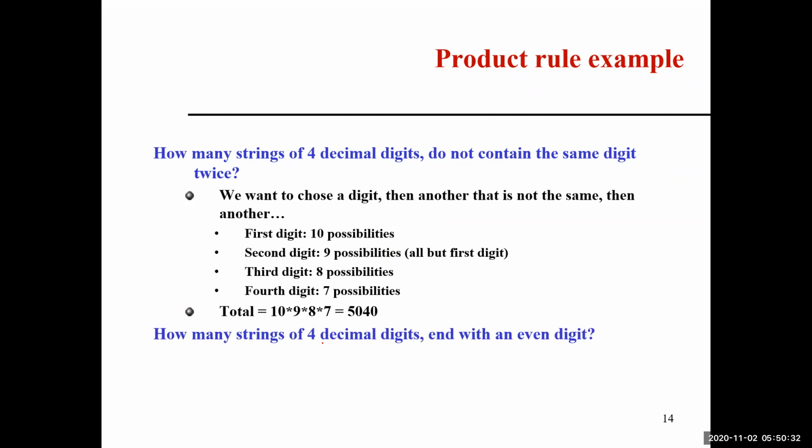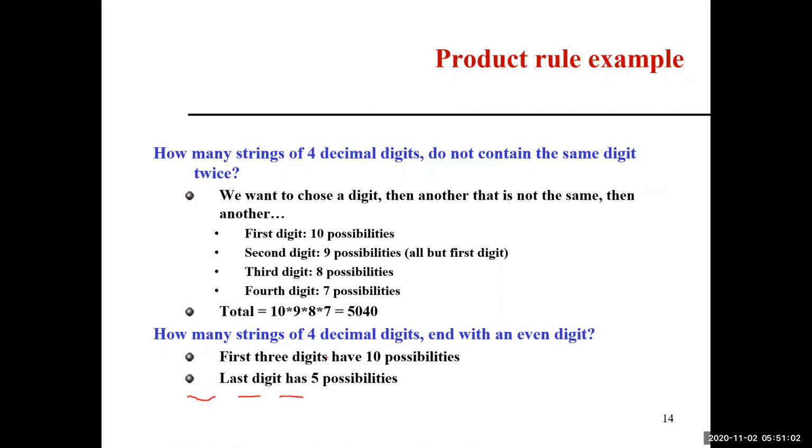Okay, let's look at another problem. How many strings of 4 decimal digits end with an even digit? The first 3 digits have 10 possibilities each, as there is no restriction on duplication. I can have 10 digits to choose the first position, 10 digits for the second position, and 10 digits for the third position.